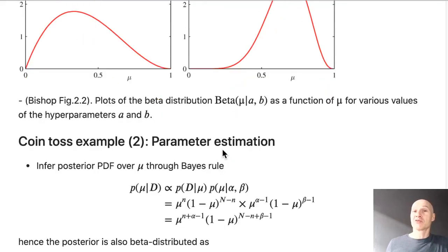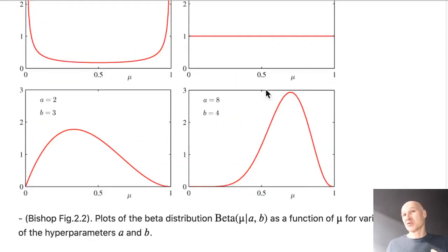So let's absorb the data into the model. We do that through Bayes rule, as we've discussed before. So we're going to compute the posterior for mu. What do we know about mu, given also the data? There are basically two sources of information about mu. One is your prior. You have made an assumption about mu by your beta distribution, and by making choices for alpha and beta, you can put in any kind of assumptions about this coin.